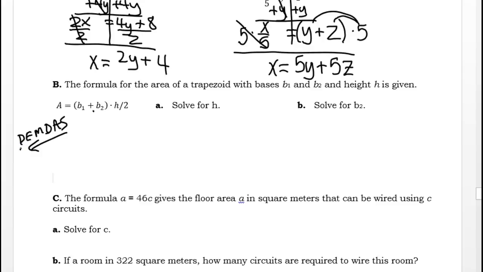Our next step then is to look at the multiply divides. So I'm going to rewrite this so that I can see it a little easier. We're going to start by undoing this division here. We're going to multiply both sides by 2.